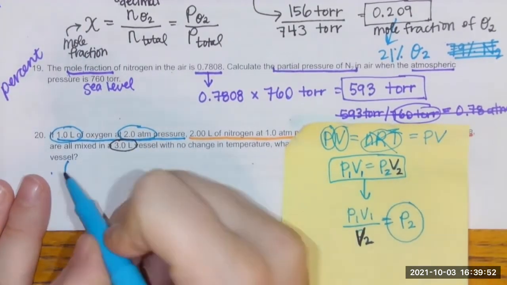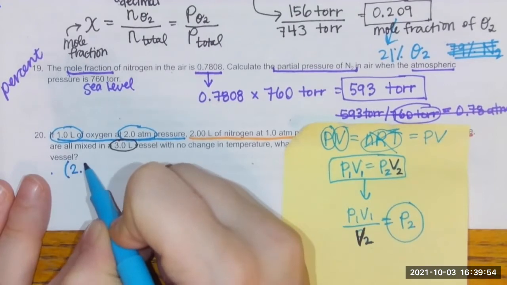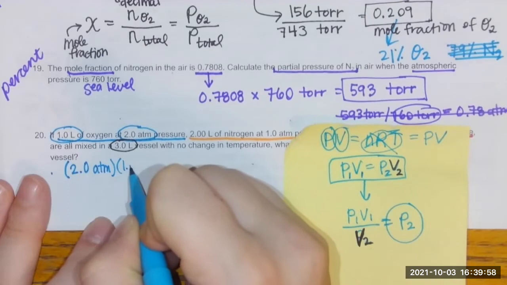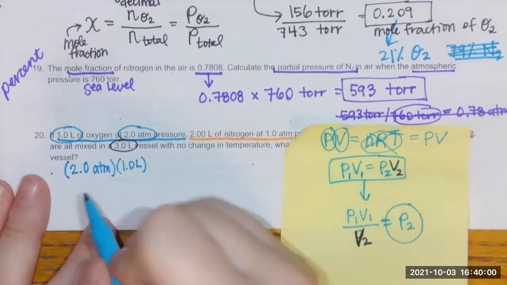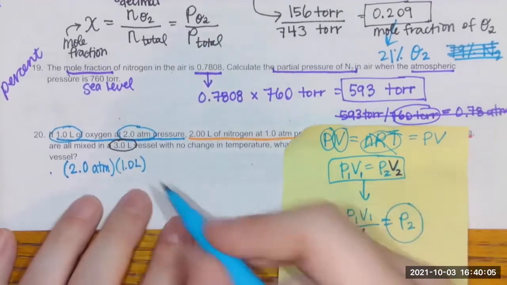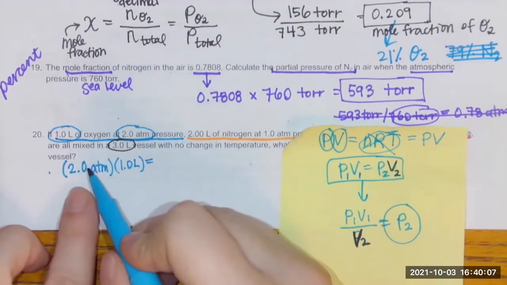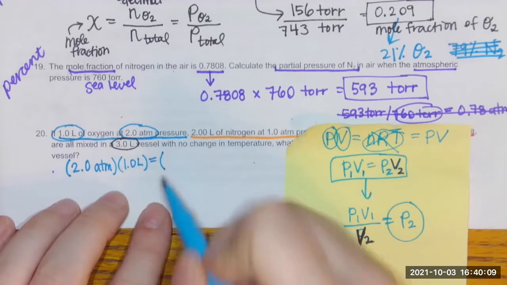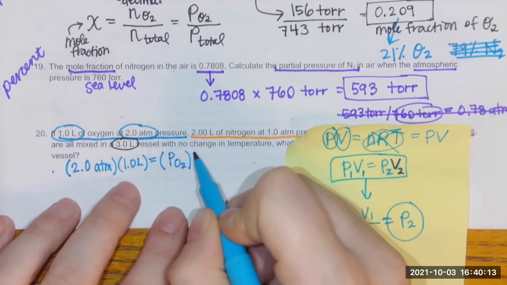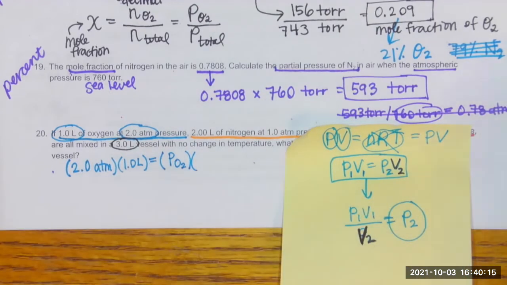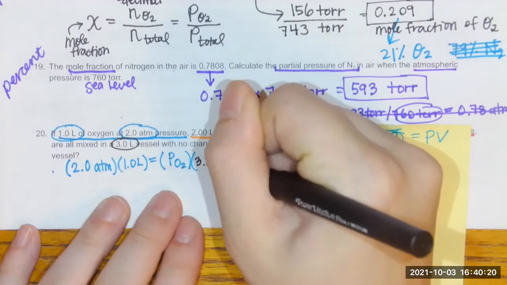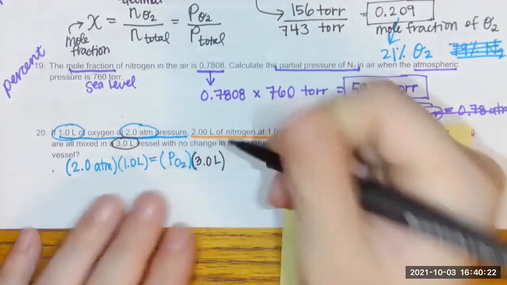So it started out with 2 atmospheres and 1 liter. And I can keep it this way if we'd like, that's fine. P1 V1 equals the pressure of the oxygen, and the new container is 3 liters.